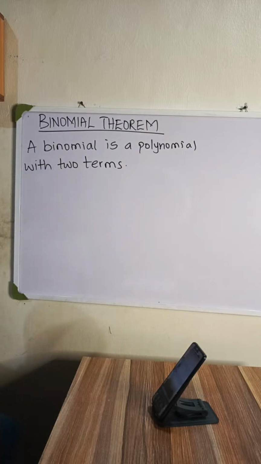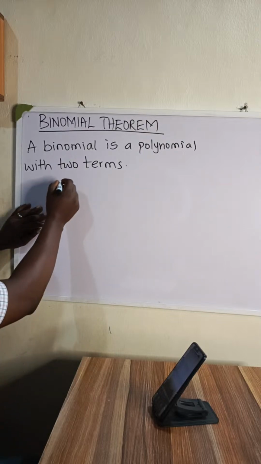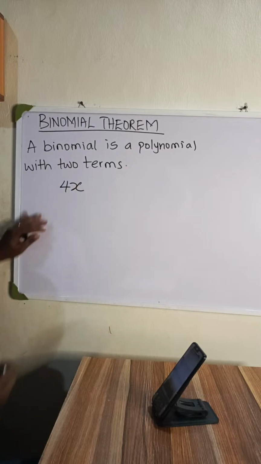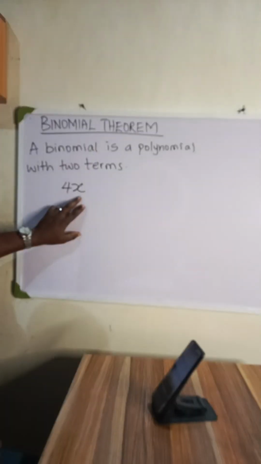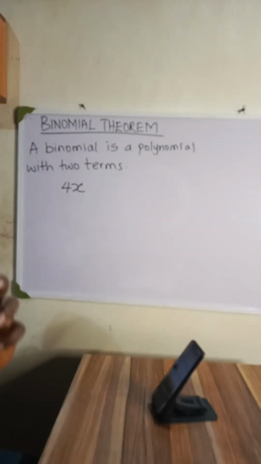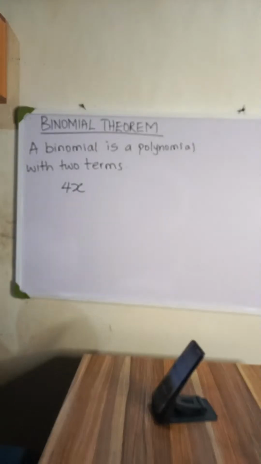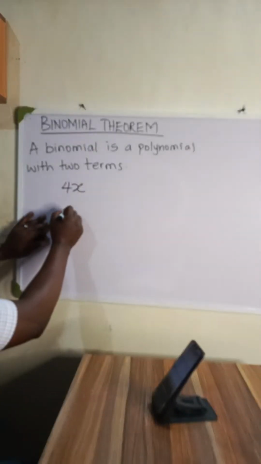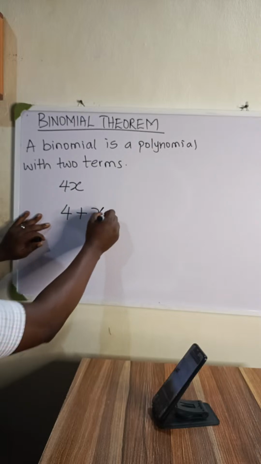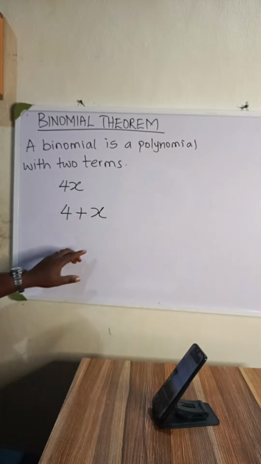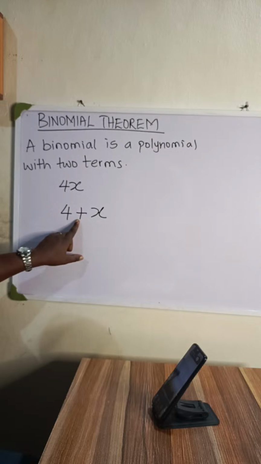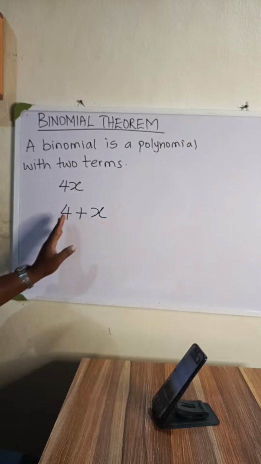So if I have a polynomial in this form, let's say I have something like this, 4x. 4x is a polynomial, but it only has one term, or you can say it only has one part, just 4x. But on the other hand, if I have 4 plus x, now this plus is separating these two parts.